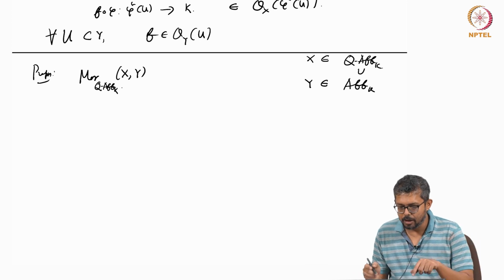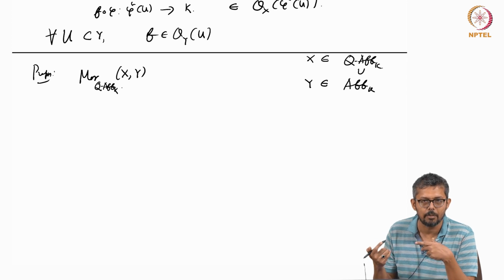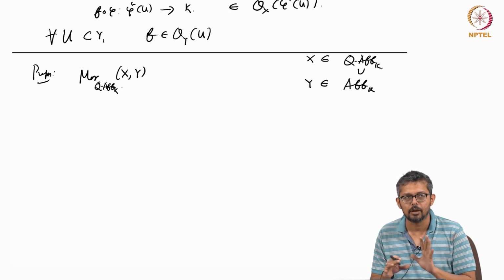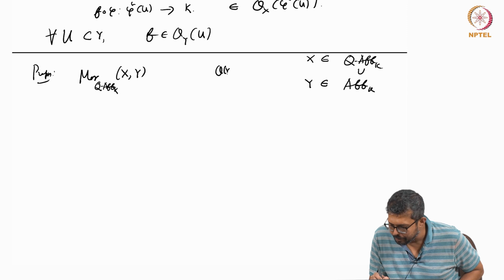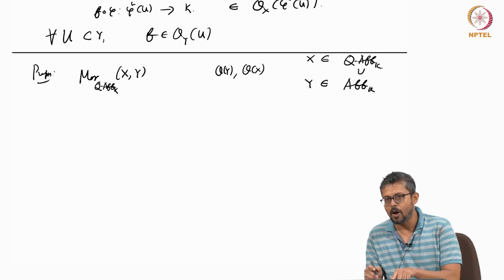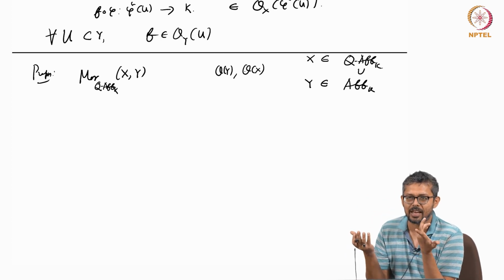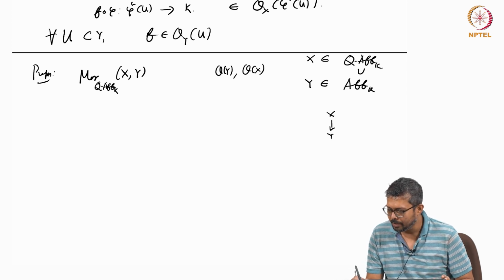And since these are affine or quasi-affine varieties, I have regular functions. They are K-algebras, and you know it's the opposite functor. So you have O_Y and O_X, where O_Y is the regular functions on Y and O_X is the regular functions on X. Obviously, if I have a map from X to Y, that will always give a map from O_Y to O_X.